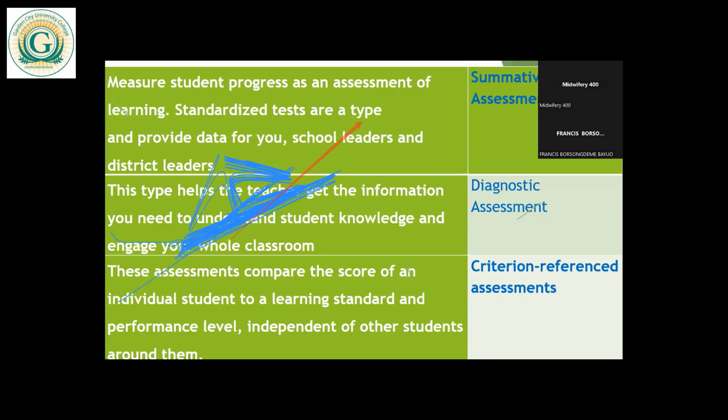Now, we also have what we call diagnostic assessment. So the word diagnose. There's a problem. You want to know what exactly the problem is and how to tackle it. So what is diagnostic assessment? It helps you to get information that you need about the students' knowledge and how to engage the class.